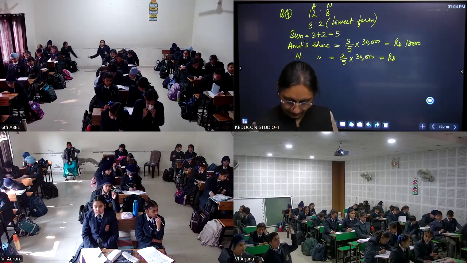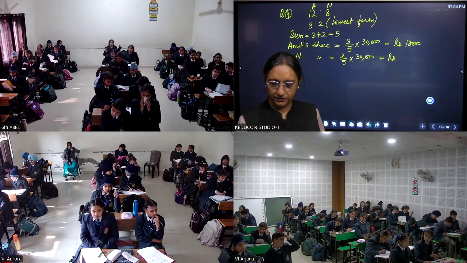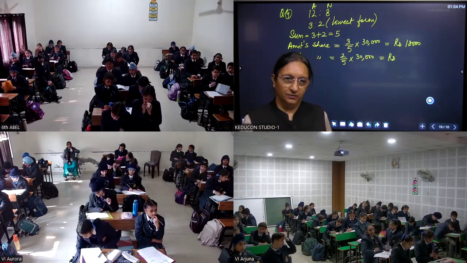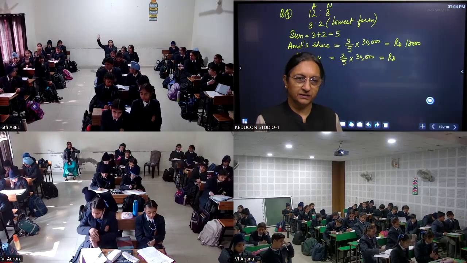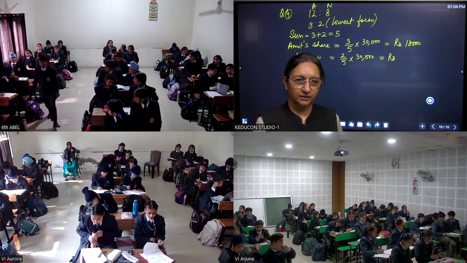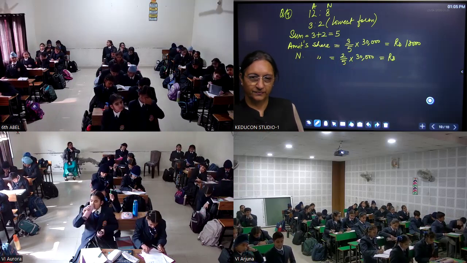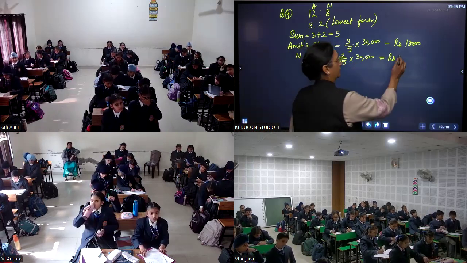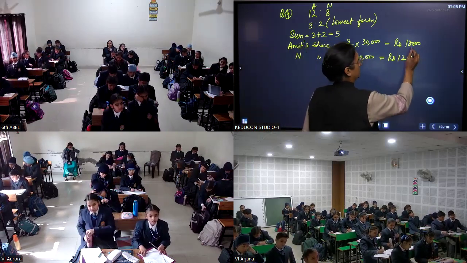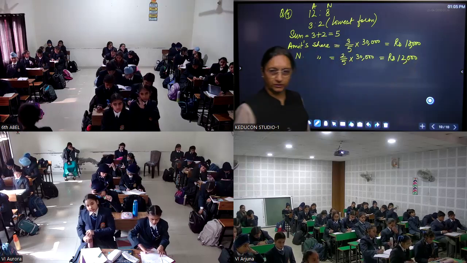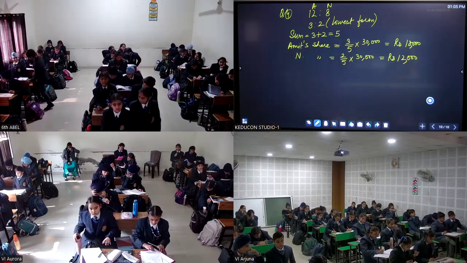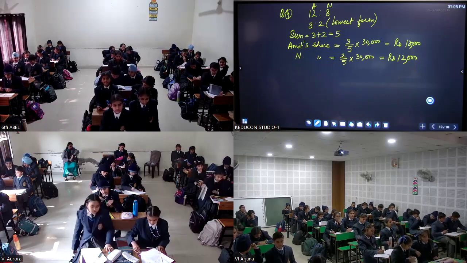Able section. Who is coming? Yes, come beta. Last, yes, near the window. That boy is raising his hand. Acho beta. Ma'am, 12,000. Okay, you can put the comma also. You are smart children. You have learned in your first chapter how to put commas.